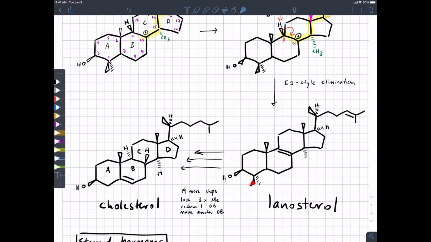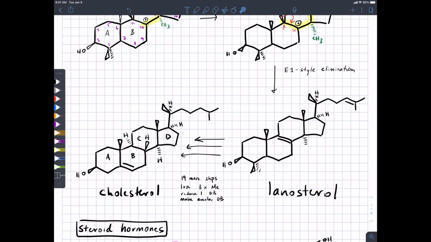You have polar functional groups on this end, and non-polar functional groups on this end. So you might expect this molecule to have what we call amphiphilic character. It might be comfortable in non-polar environments, and this part in polar environments. So you might expect it to be present in membranes, and cholesterol is a major component of membranes.